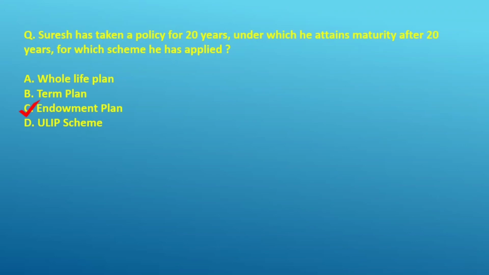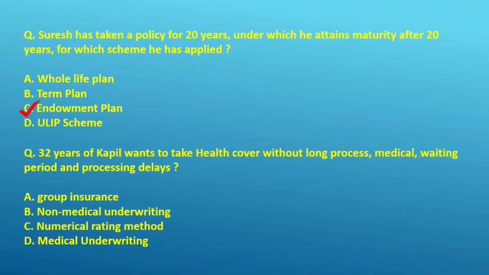Correct answer is endowment plan. Next, 32-year-old Kapil wants to take health cover without long processes, medical waiting period and processing delays. That means he wants a non-medical underwriting policy. The correct answer is B, non-medical underwriting.